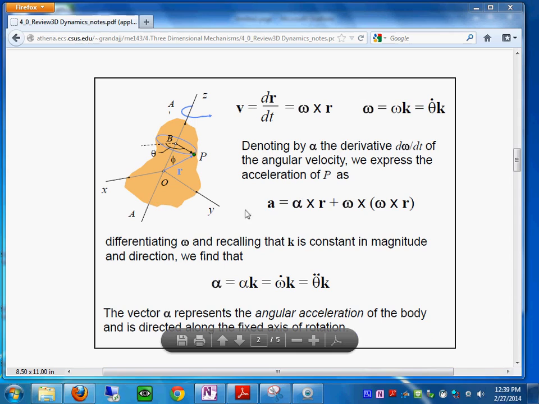So the acceleration of this point is alpha cross R plus omega cross R. We don't have any of the Coriolis terms in here or the relative acceleration because it is a rigid body. So obviously it's gonna have an acceleration tangential like this and one normal in this direction.